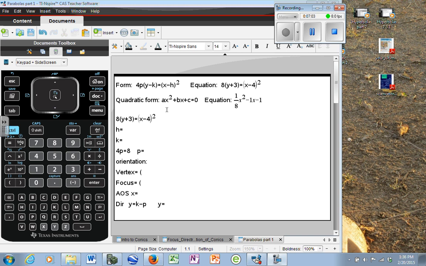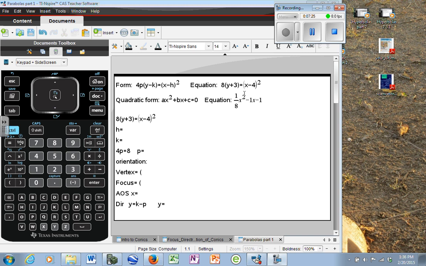So once we figure out orientation there, we know which equation to use, and if we have it in the right form, we just pick the parts out, and then all the other stuff logically will fall into place. I think you're really going to like this. So I took that same equation, I did the math, and I put it in quadratic form, which we've done before, and this is what it looks like.